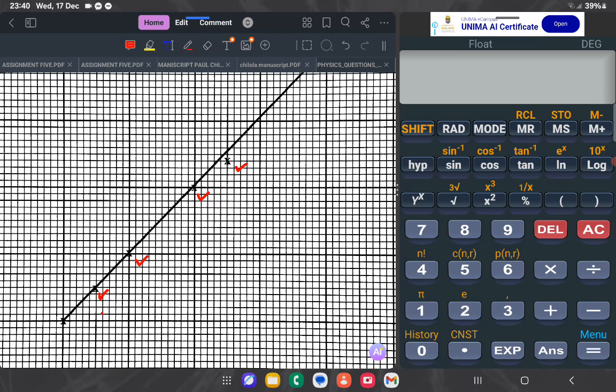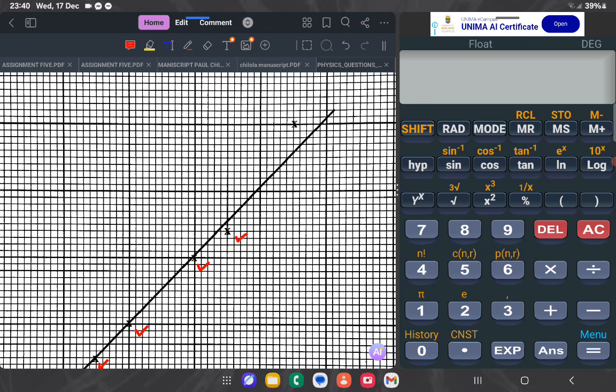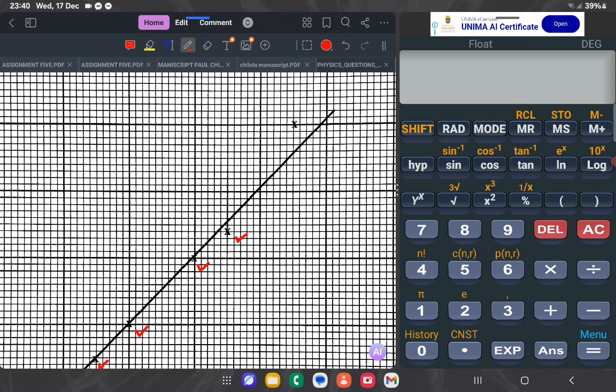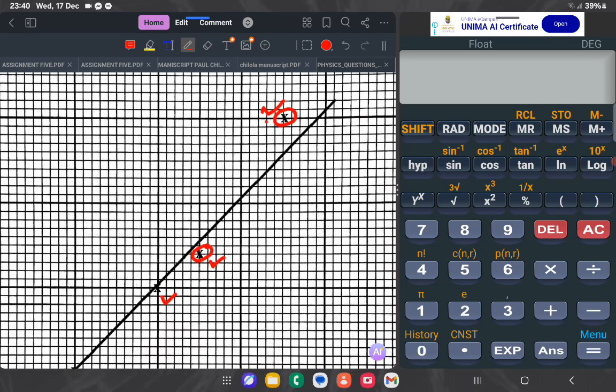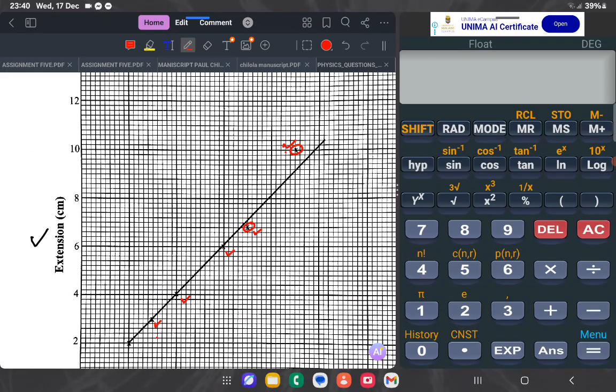Five points were used. Of course, you have two that are lying out of the line. To produce this graph, these points were used.